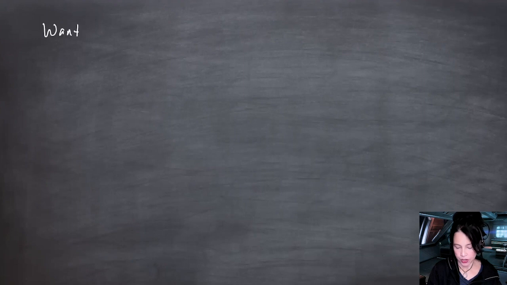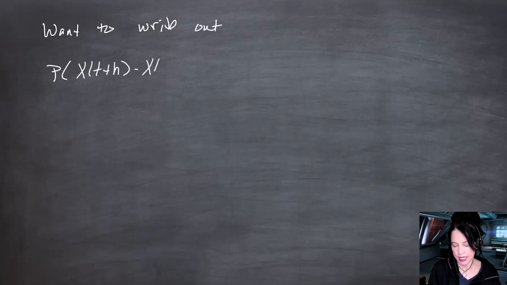So we want to show that this is a birth and death process, which involves writing all that long stuff out, unfortunately, and showing that we have the little o stuff and we have the lambda I and the mu I, right? We want to write out the probability that X(t+h) minus X(t) is 1.